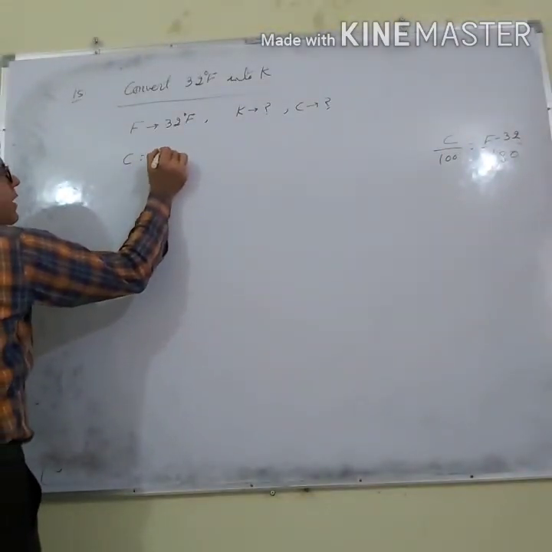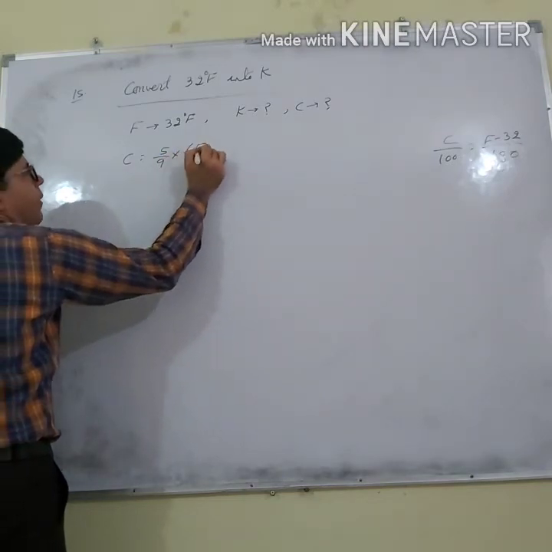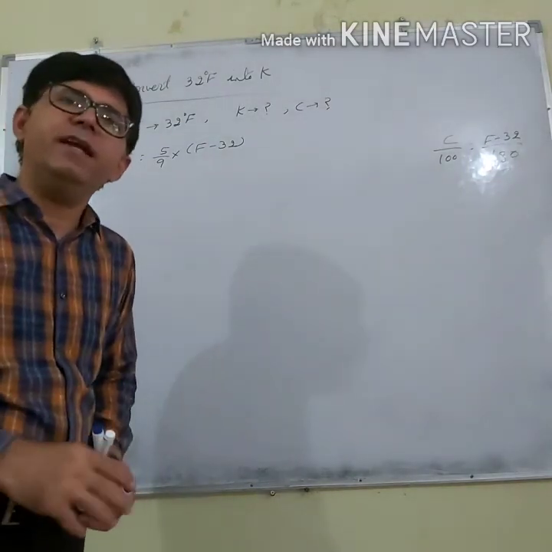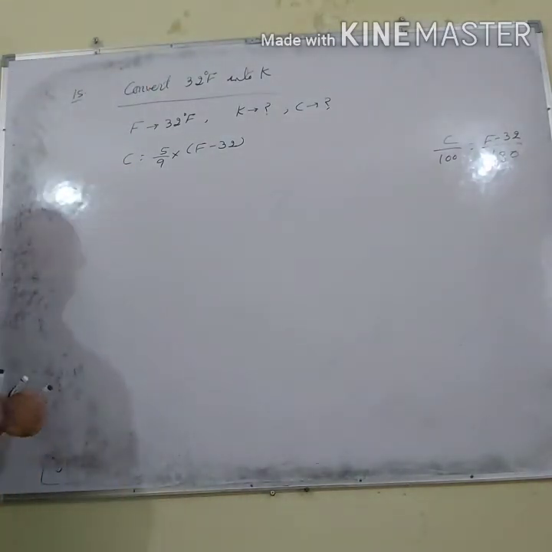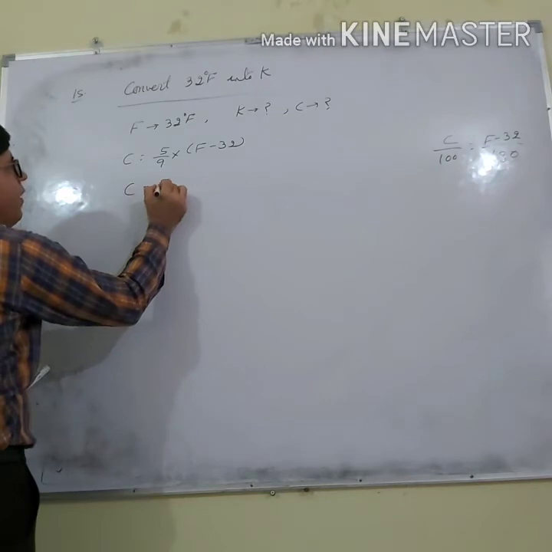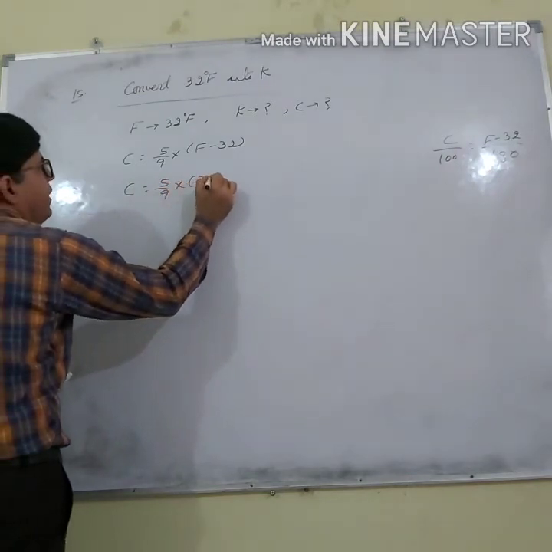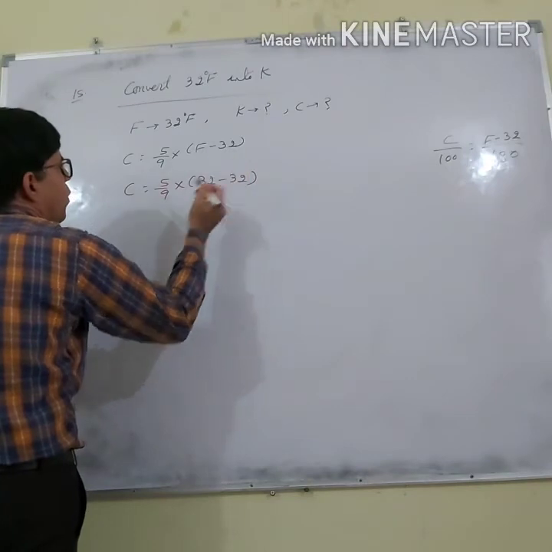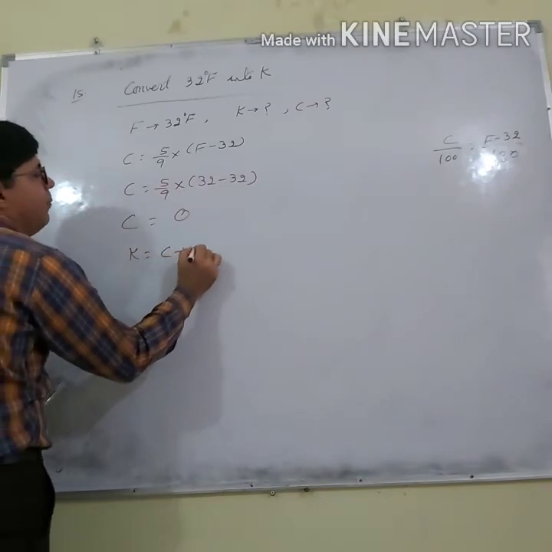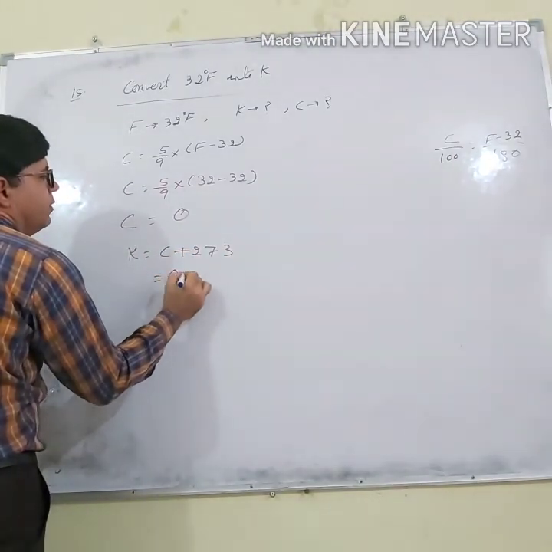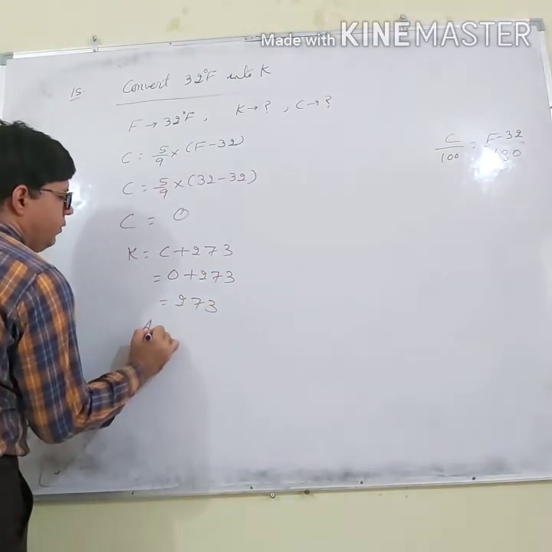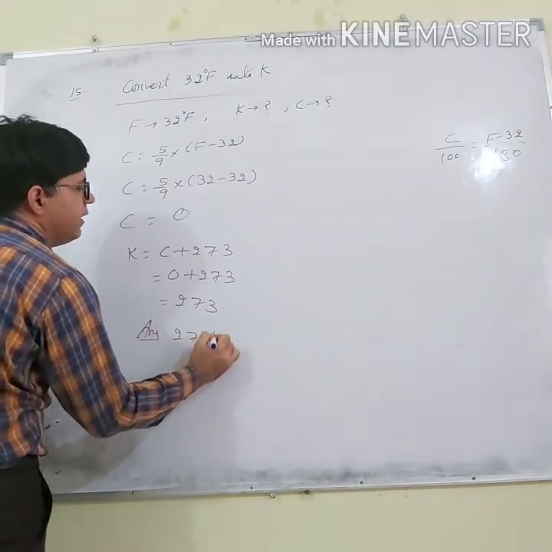The formula you know, C is 5 by 9 multiplied by F minus 32. First I will convert Fahrenheit into Celsius and then Celsius into Kelvin. Right? So how much will it become? C equals 5 by 9 multiplied by 32 minus 32, which is 0. Answer is 0. So what is the temperature in Kelvin? C plus 273. So 0 plus 273, answer is 273. So the answer is 273 Kelvin.